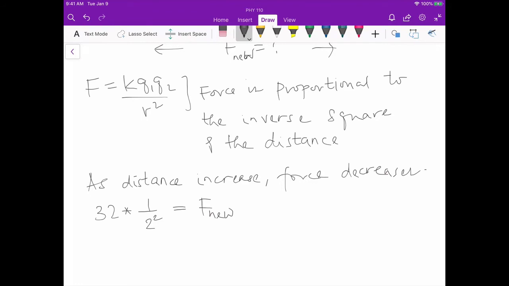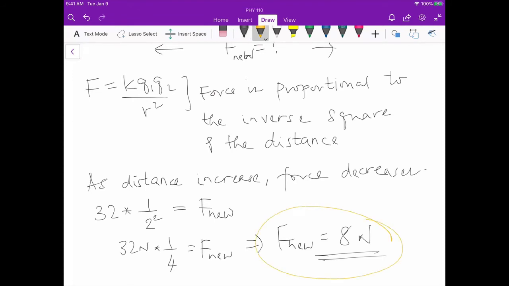So now you will have 32 Newton times 1/4. That's your new force, which is 32/4, or 8 Newton. All right.